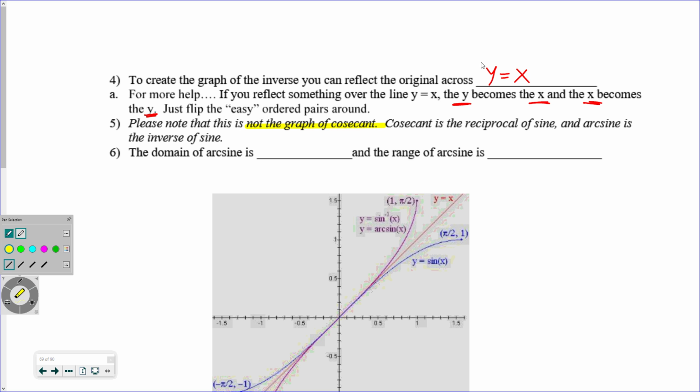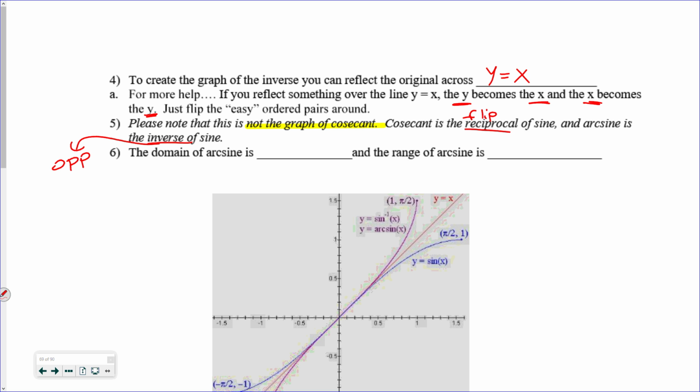Cosecant is specifically the reciprocal, which means it is a flip, and arcsine is the inverse, which means it is the opposite. Not opposite as though negative, but opposite as the reverse operation.